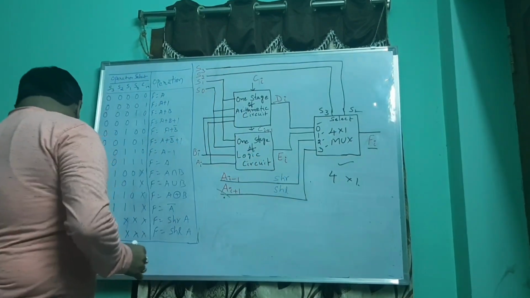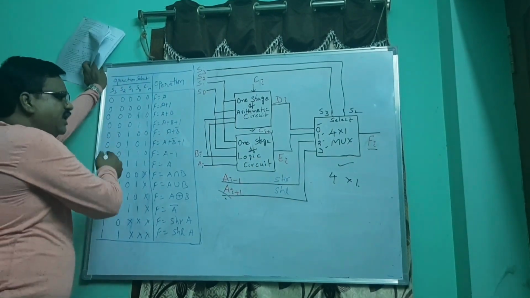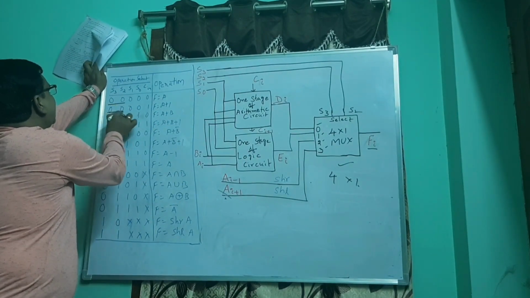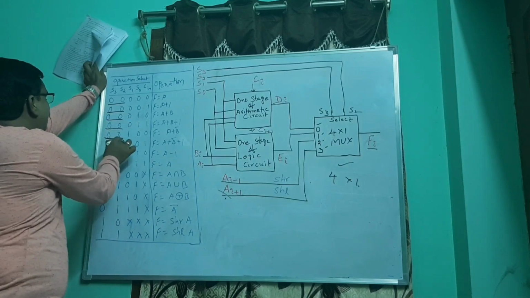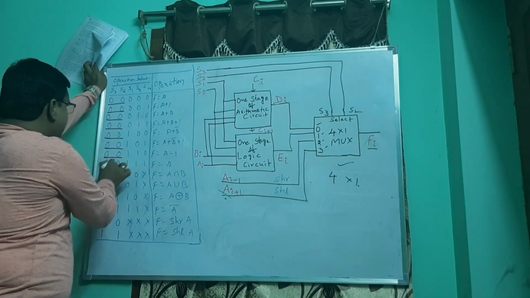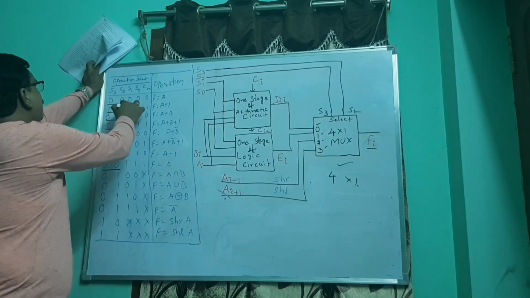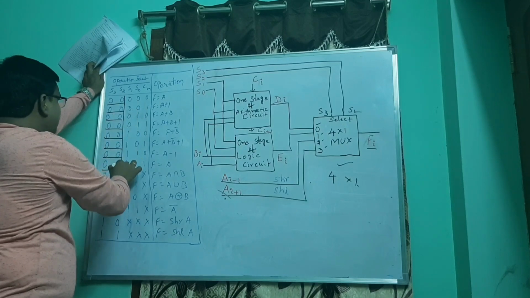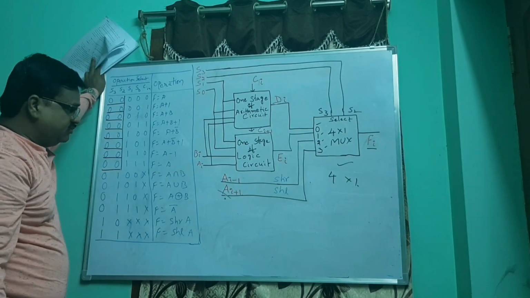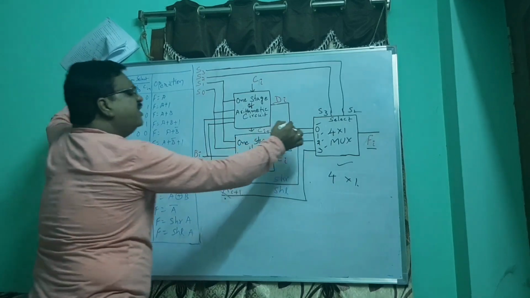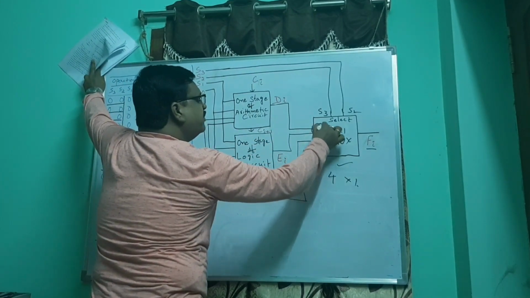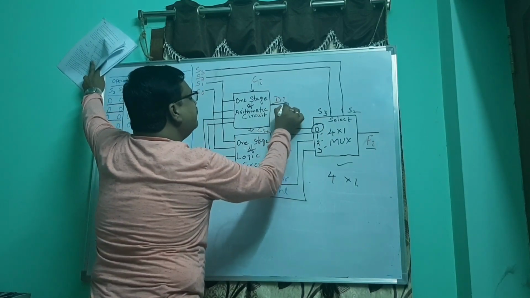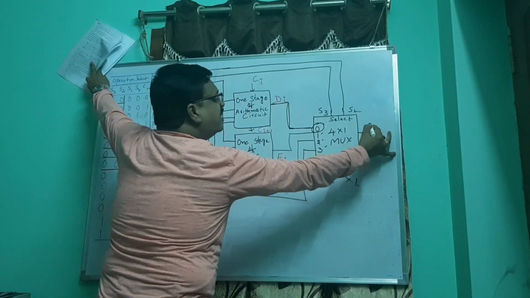Here, if you see this truth table, you can observe that when S3 and S2 are both 0, this first input will be activated, and whatever value we give to that 0 input will come to the output.